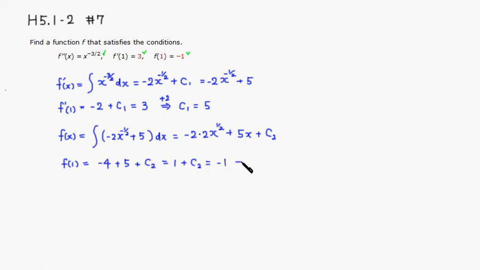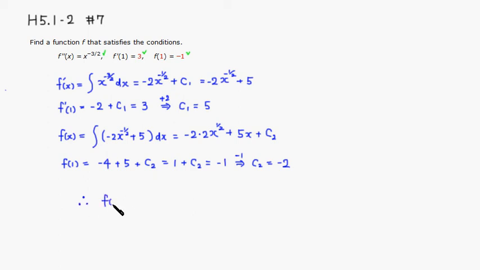By subtracting 1 from both sides, we have c2 equal to negative 2. So we found the complete formula for f of x.